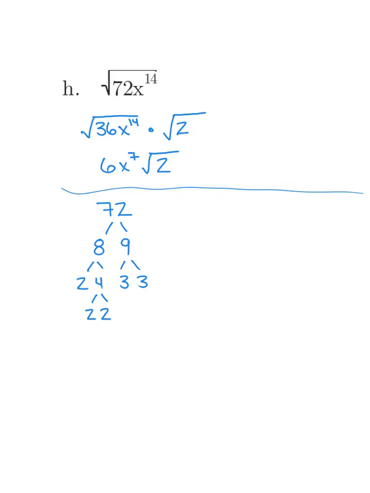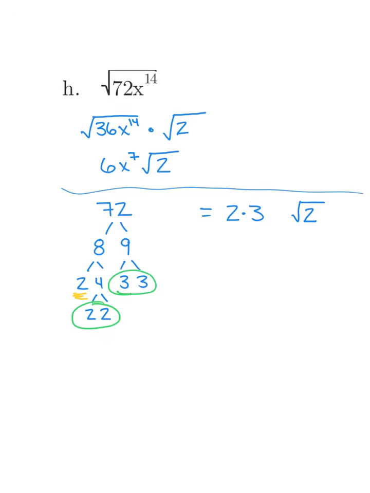If we look for pairs, I have a pair of 2's. I have a pair of 3's. I have one 2 left over that will stay inside. So far, this is what we have. We have 2 times 3. We leave our leftover 2 inside.